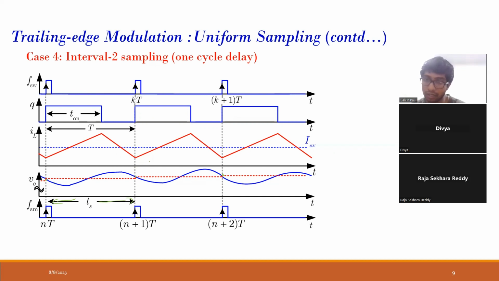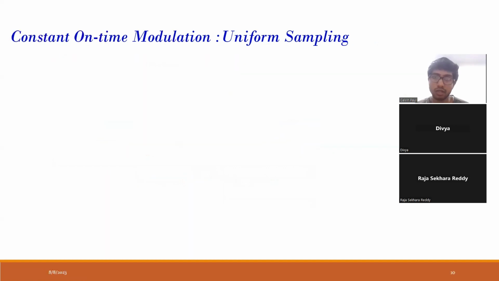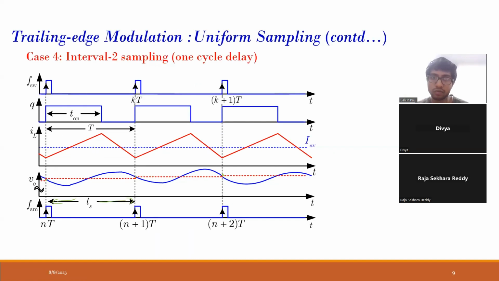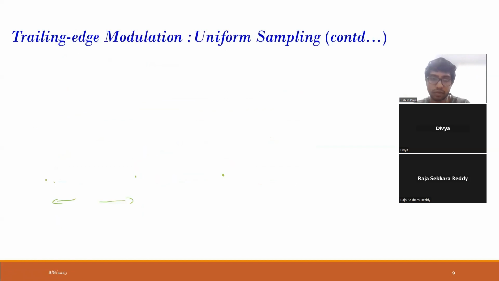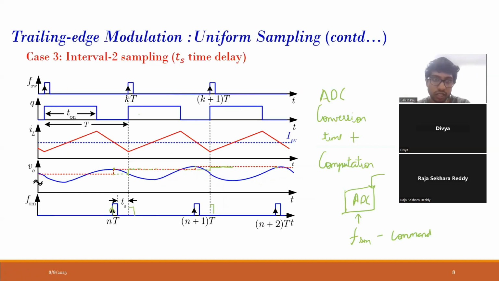When we show the output of the controller, you will be able to realize why that delay term is there. So now I will proceed further. This is for fixed frequency, and over here it is known as the interval to sample, we call it.